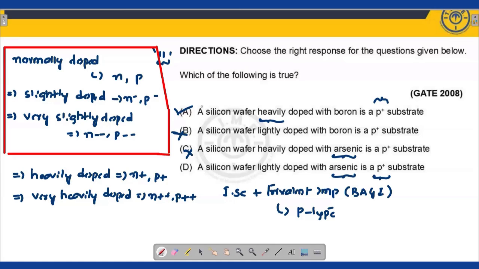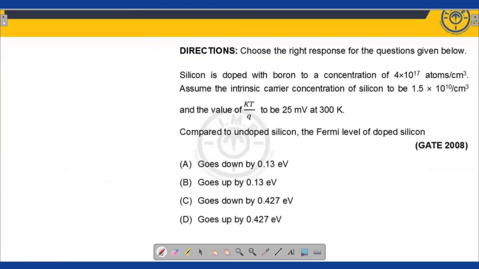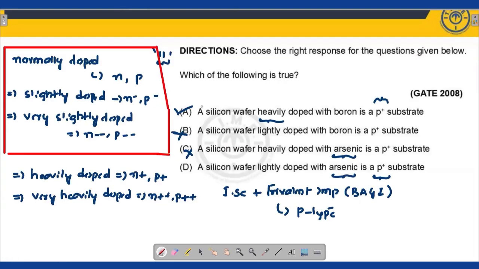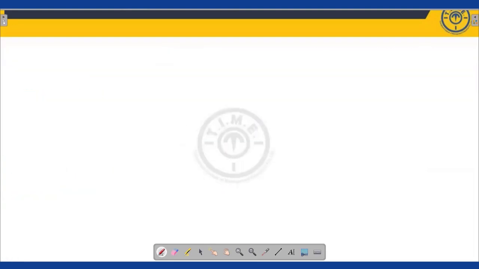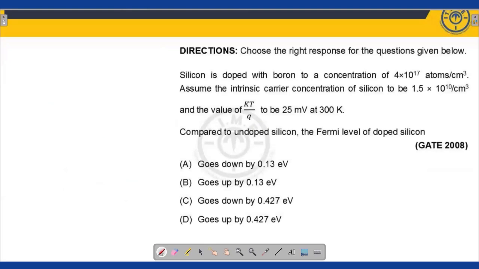Like that, my dear friends, we need to solve different questions. Next, I am going for one more important question. This is question number 12.